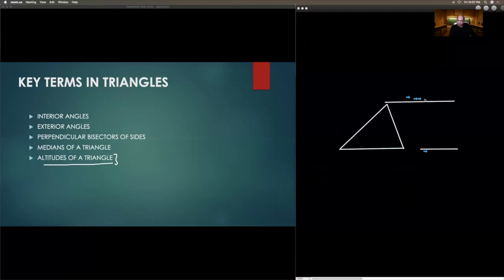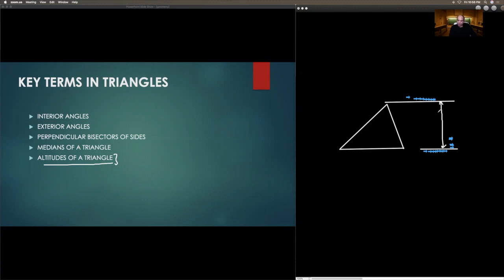So this line here to this line here is the height. You can actually think of the height as going from the base to the opposite vertex.